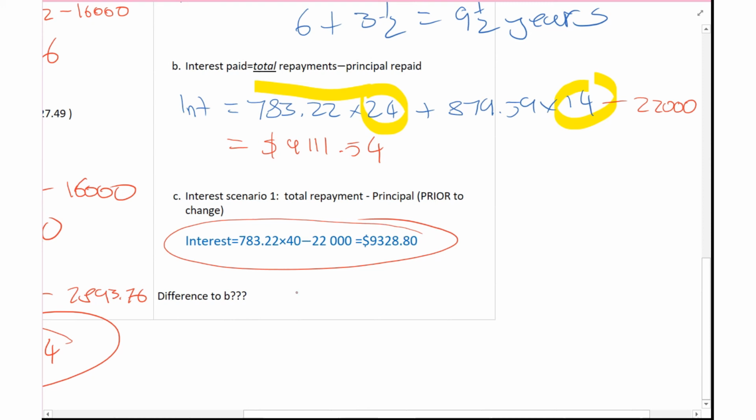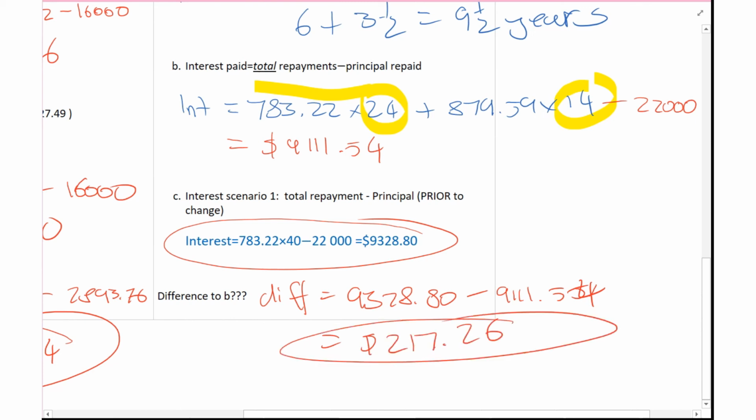It's the difference between, so it's going to be 9,328.80 minus 9,111.54. That'll give you, you saved yourself $217.26 by doing that.